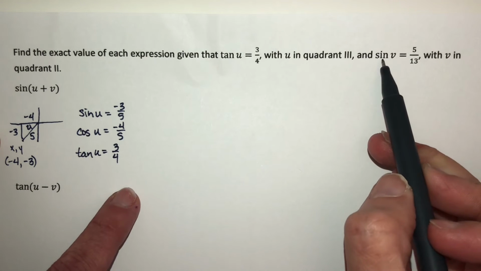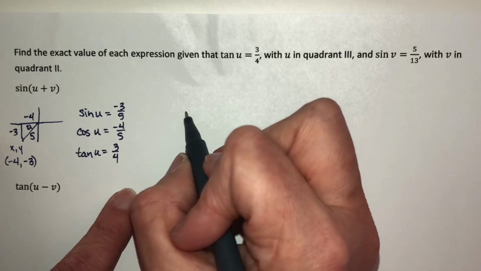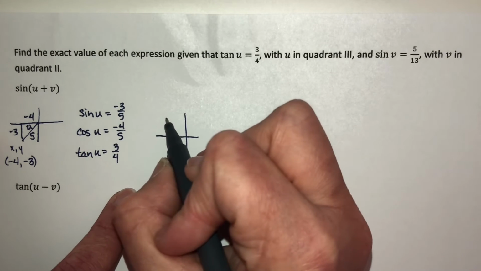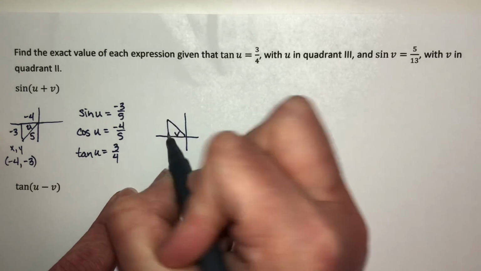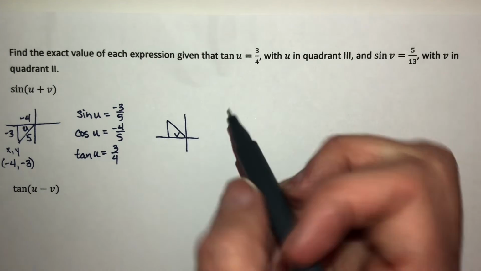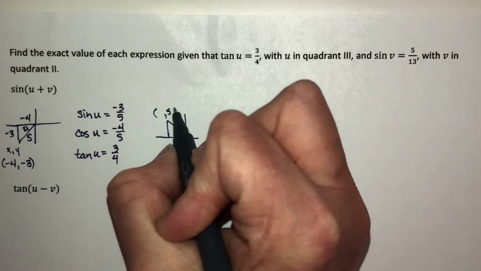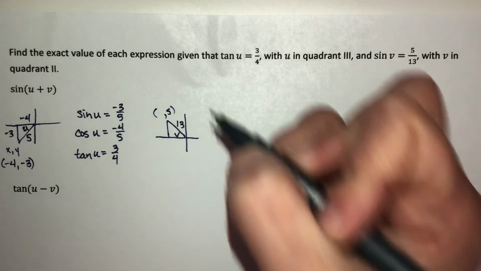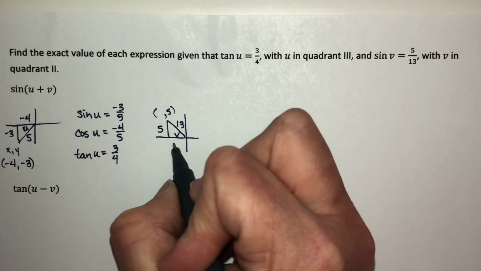Now, sine of v is 5/13 and v is in quadrant 2. So in quadrant 2, this is our angle v. In quadrant 2, sine is positive, but cosine and tangent are negative. And this will be the point something, 5, and that radius is 13. And so this is 5 here.